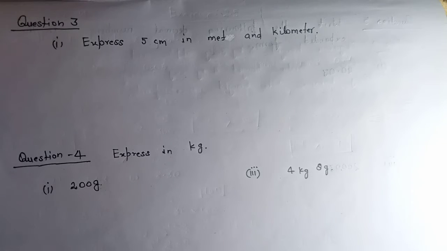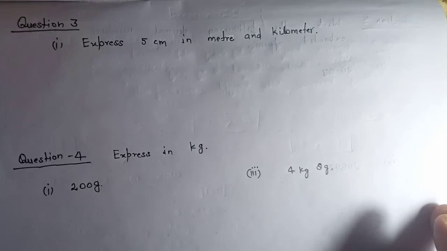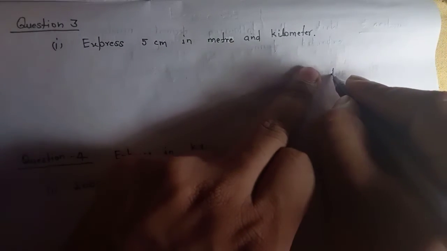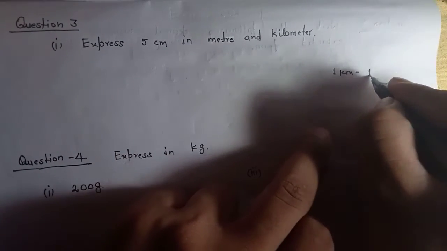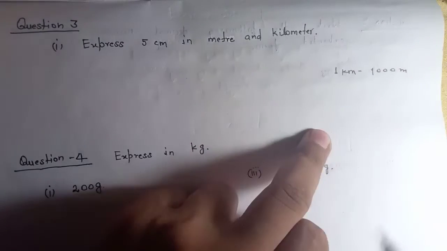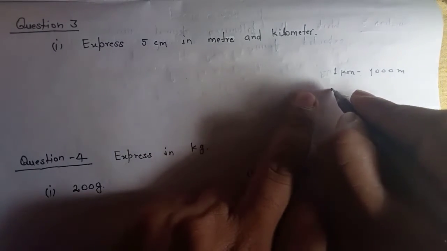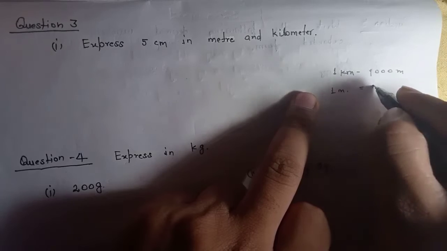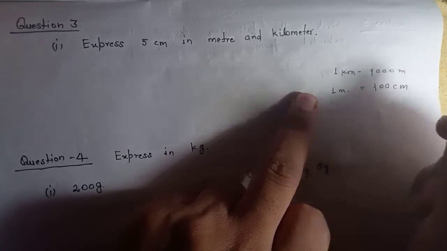Here we have to express 5 centimeter in meter and kilometer. So in 1 kilometer there are 1000 meter, you know that, and in 1 meter there are 100 centimeter.